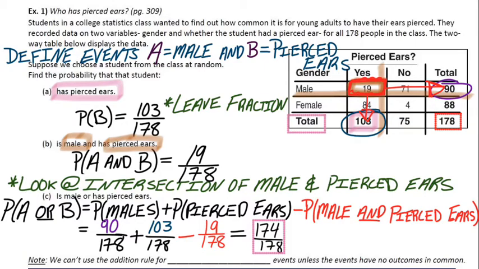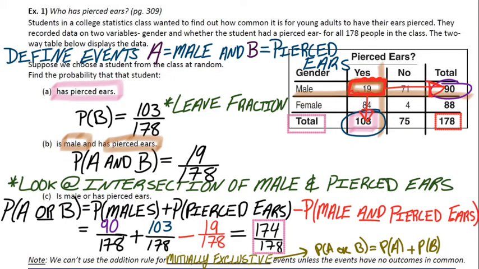And then the last note on this page says we can't use the addition rule for mutually exclusive events unless the events have no outcomes in common. Okay, so what's the mutually exclusive rule? Well, if two events are mutually exclusive, that means they can't happen at the same time.